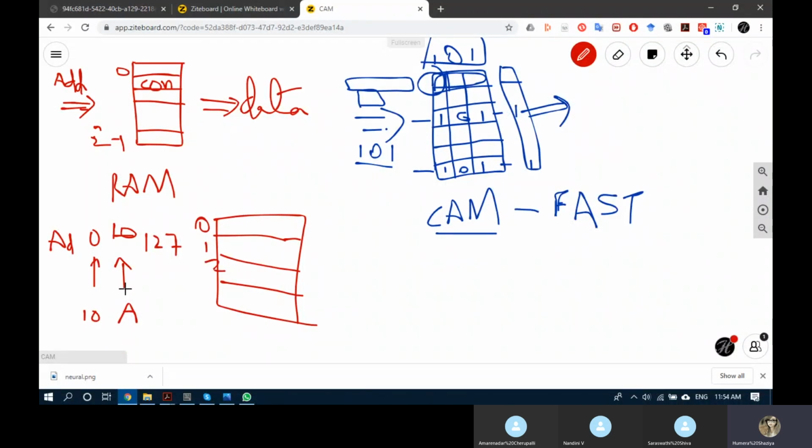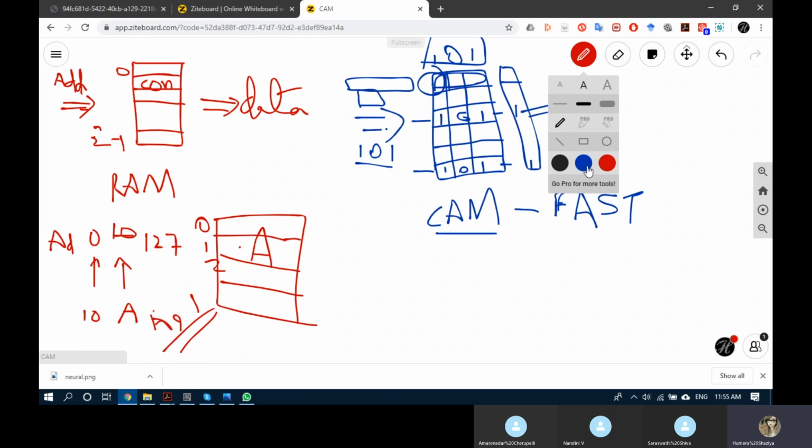So essentially you give the input as data plus address. Data will be stored. Suppose you give a comma 1, it means at first position you want to store a. This is RAM, because address and data are both required.